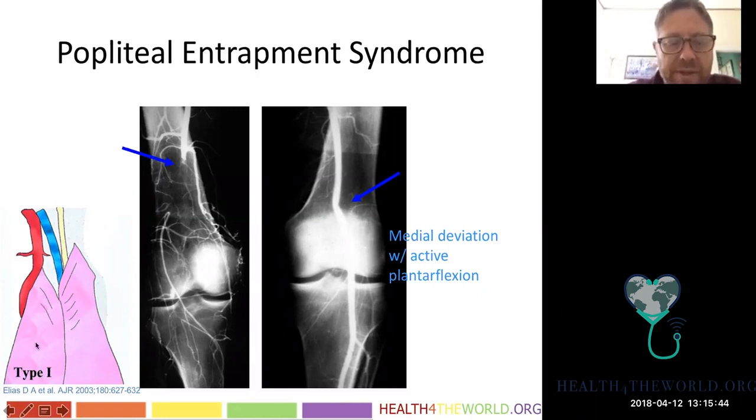This is due to this sort of ectopic insertion of it. There's several different types, and you can review popliteal entrapment syndrome on your own. I don't think it's important early on to understand all kinds of popliteal entrapment, but note that if you have this sort of kink of the popliteal artery that's associated with popliteal artery entrapment, a lot of people will have that kink, but they don't have entrapment, and so it goes along with symptoms like claudication of your calves with exercise.